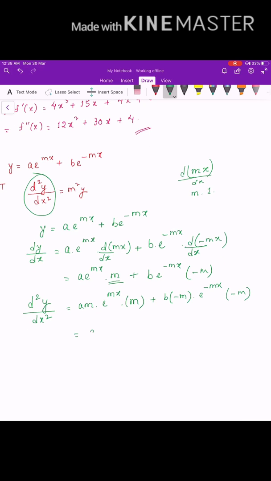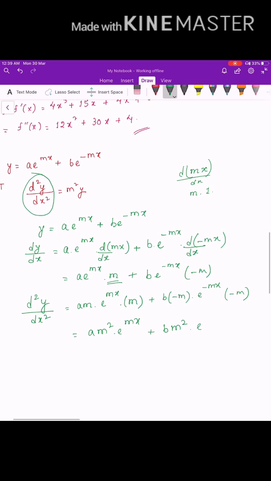So finally this becomes am square into e to the power mx plus bm square. Minus m into minus m becomes plus m square, into e to the power minus mx. Now I can take m square common out: a into e to the power mx plus b into e to the power minus mx.